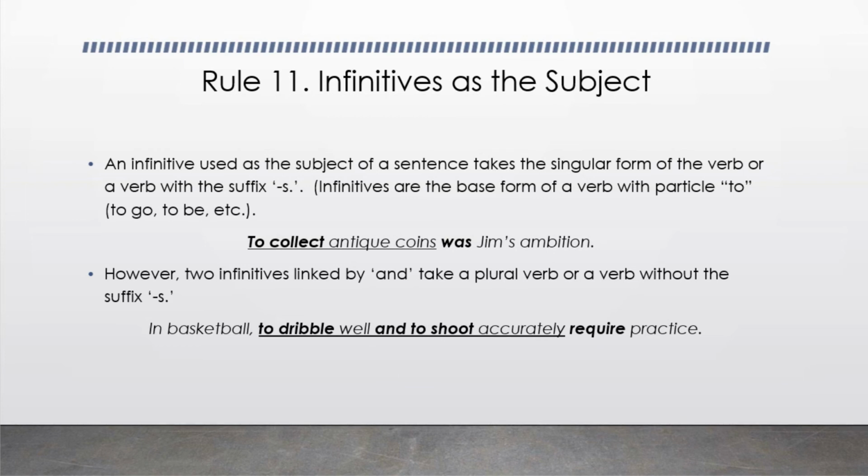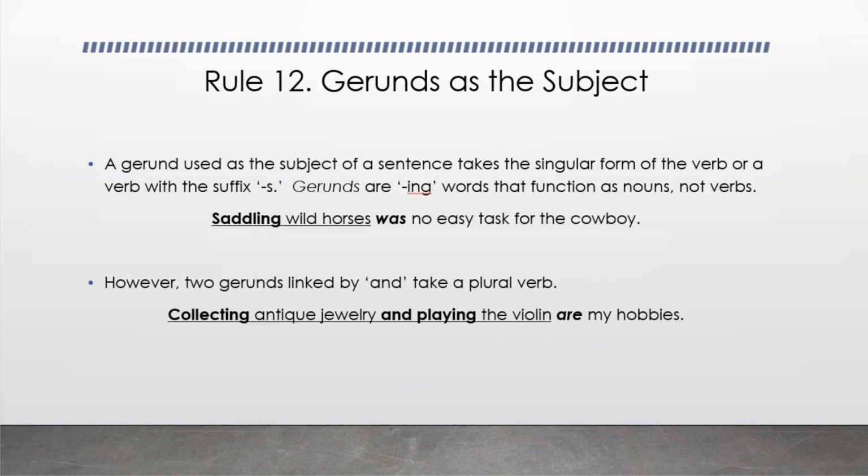Rule number 12 talks about gerunds as the subject. A gerund used as a subject of a sentence takes the singular form like the infinitive in rule number 11, and the verb takes the S. Gerunds are ing words that function as nouns, not verbs. For example, saddling wild horses was no easy task for the cowboy.